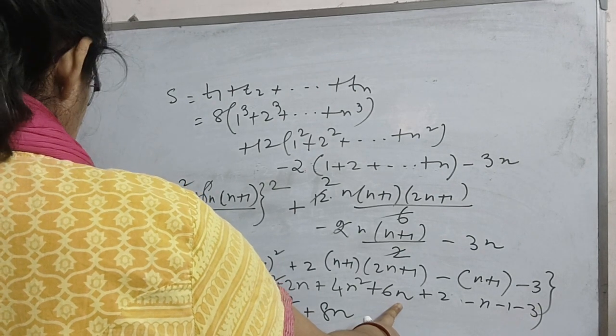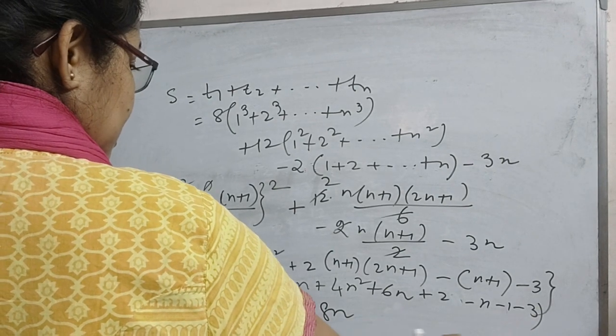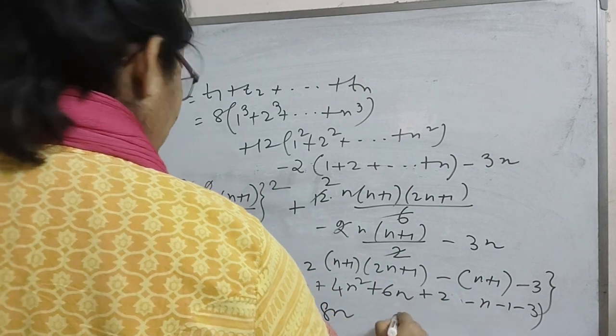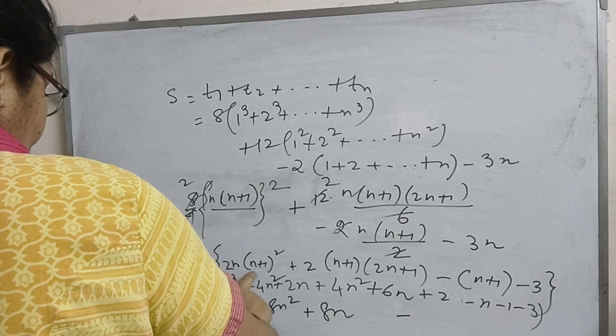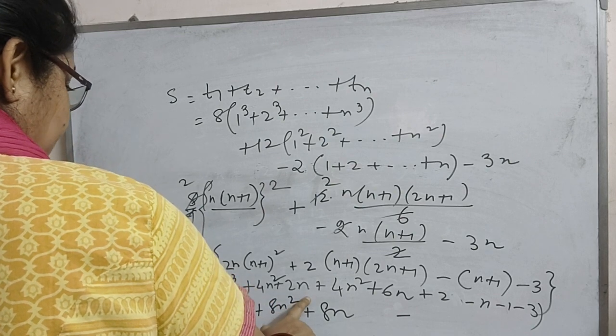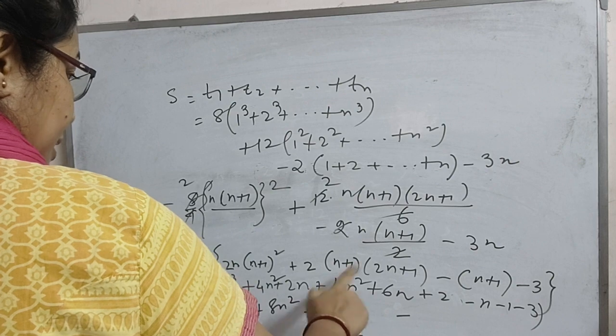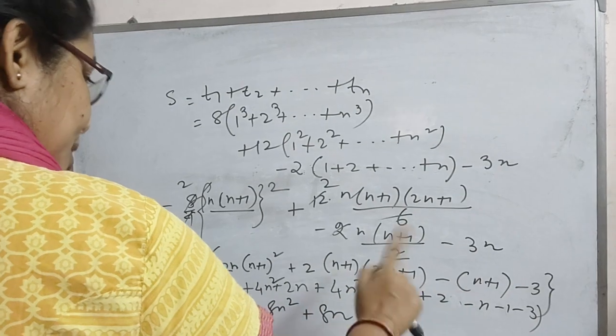6n minus 4 plus 2, that means this is 2 minus 1 plus 1 minus 3, n into n plus 1 minus n minus 1 minus 3. 2n cube plus 4n square plus 2n plus 2n square plus 3n plus 2.